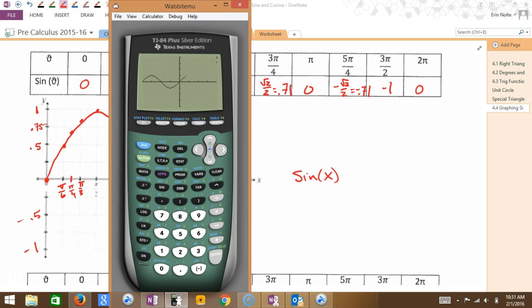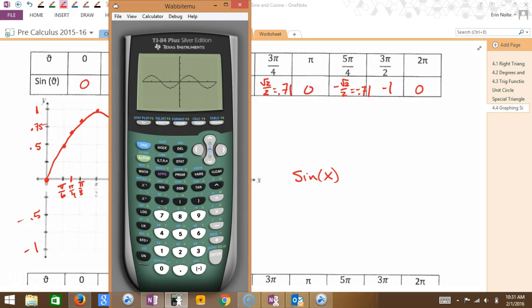What is happening here is you can see the increments that I drew on my paper. This first increment is pi over 2, and then this one is pi, and 3 pi over 2, and then 2 pi. So it goes from negative 2 pi to positive 2 pi, and on the y scale it just goes from negative 4 to positive 4.